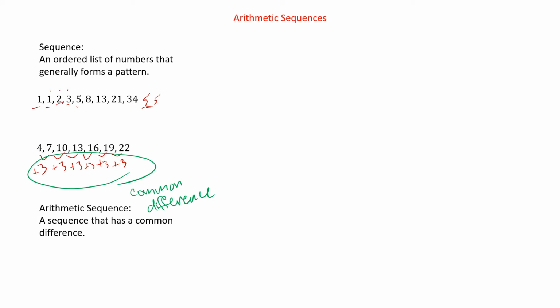So for our arithmetic sequence here, we have the first term, the second term, the third term, the fourth term, the fifth term, the sixth term, the seventh term. We could find the eighth term, that's just 22 plus 3, that's 25. And so each of these pieces are called terms.